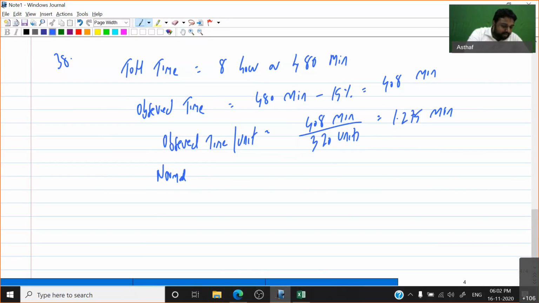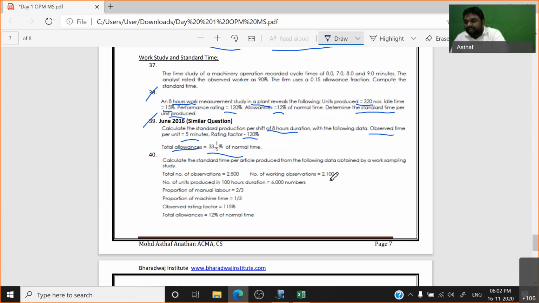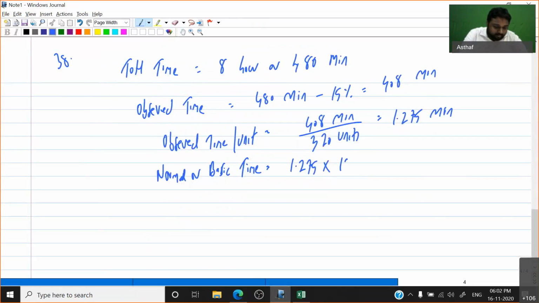So what is the normal or basic time? Normal or basic time is equal to 1.275 into performance rating, where the performance rating is 120%. So what is the answer? 1.53 minutes.